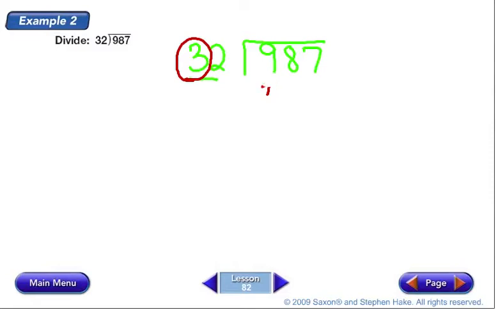So because I know that 3 goes into 9 3 times, I'm going to assume that 32 goes into 98 3 times as well. And I'm going to try it out and see. So 3 times 2 is 6, 3 times 3 is 9, and it does in fact is less than 98.